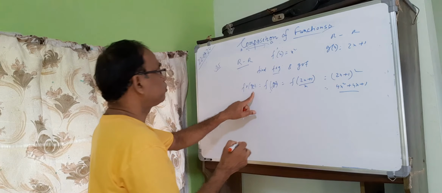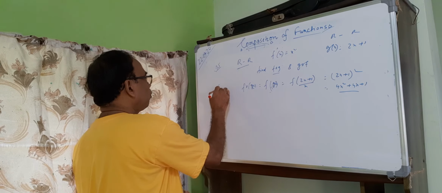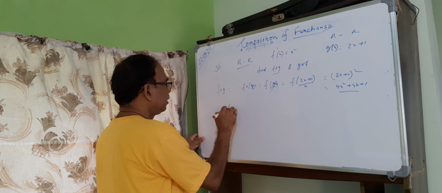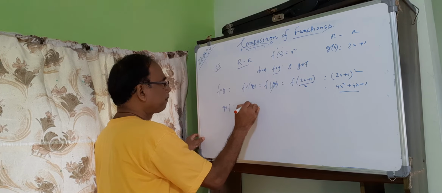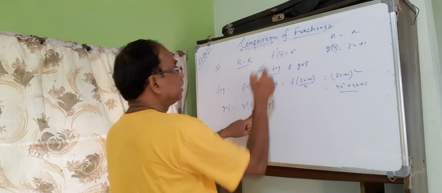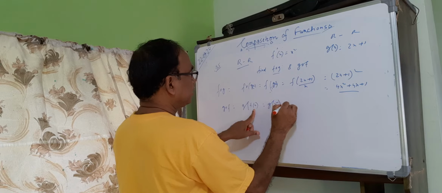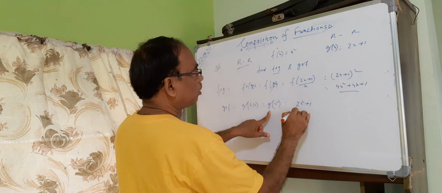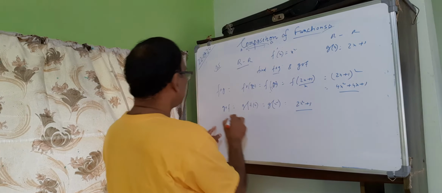So f of g(x), that is fog, equals this. Now let us get gof. gof is g of f(x), what is f(x)? It is x square. Now put it here, that is 2x square plus 1.